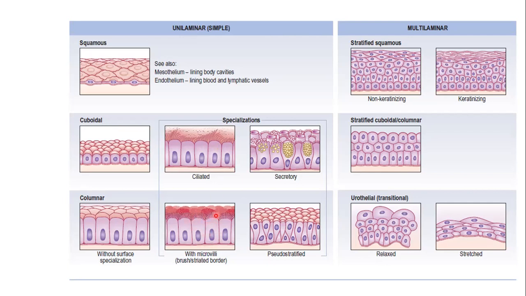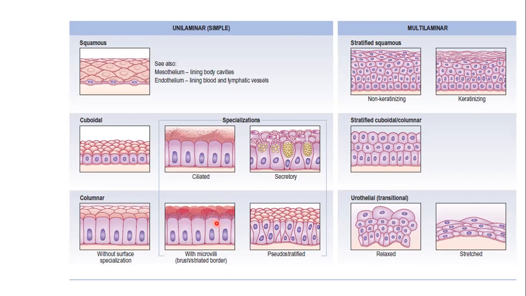What about microvilli? Microvilli can be found on two cells, that is, columnar cells and cuboidal cells. Remember, we talked about the proximal and the distal convoluted tubules. In the proximal convoluted tubule, the cells there are cuboidal. Apart from that, those cells also have microvilli, finger-like projections.